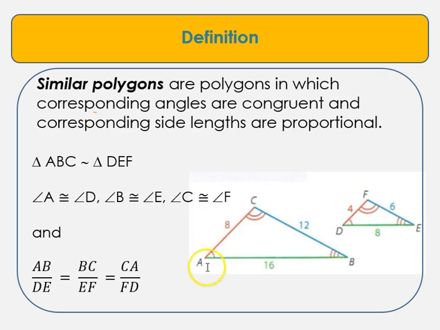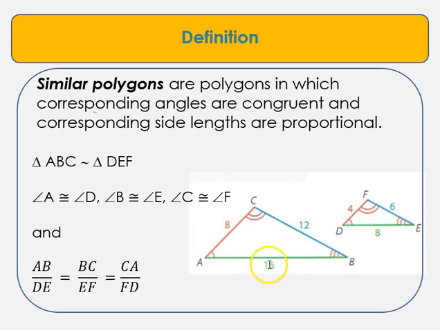So we have two triangles here, ABC and DEF, and whenever we compare triangles, remember they have to be in the same order. So if I go A to B, then I'm comparing this angle that has 1 hash mark to an angle with 3. And if we look at the smaller triangle, there's 1 hash mark to 3.